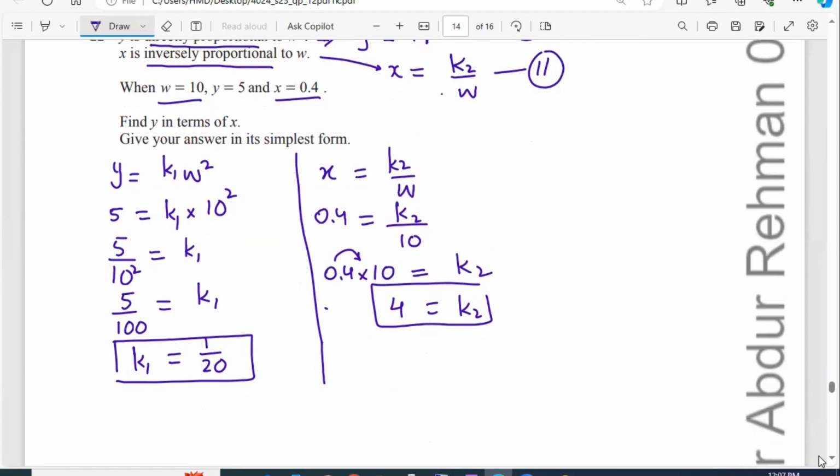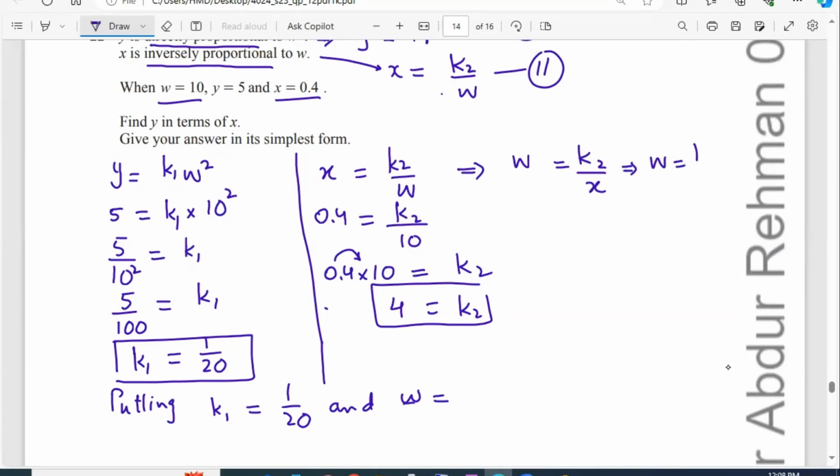Putting K2 equals 4 in X equals K2 over W, and we find W. W equals K2 upon X, so W equals 4 over X.